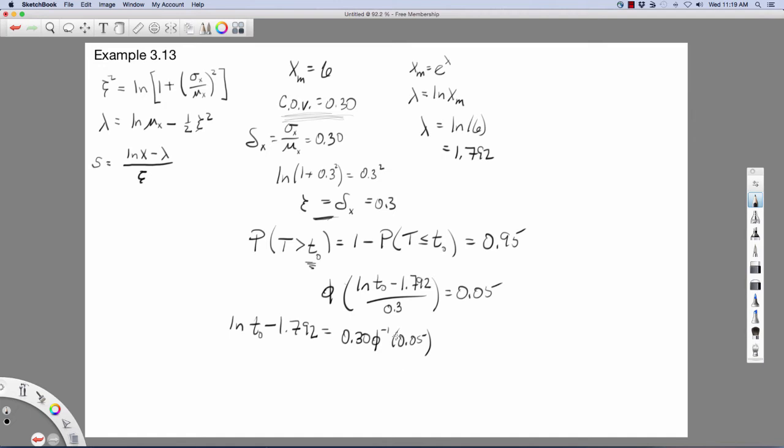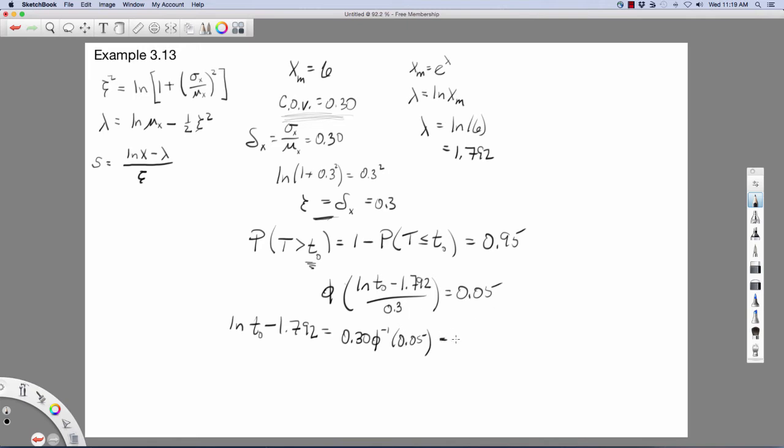Now remember, this is the probability that's in here, and we're trying to find the value, but because our probabilities start at 50%, we can't take this. But remember from our definition, this is the same thing as the negative CDF function of the complement.